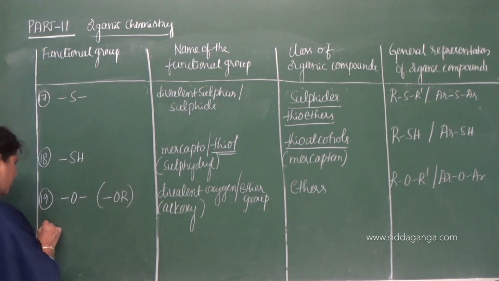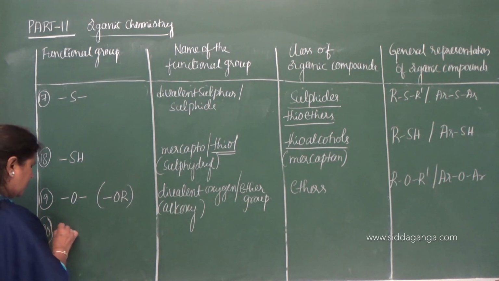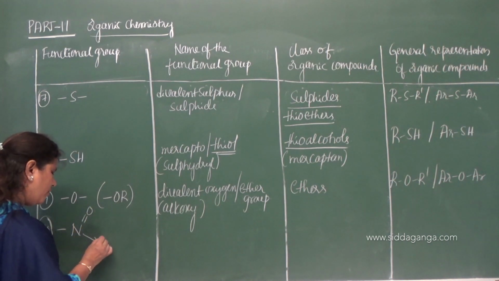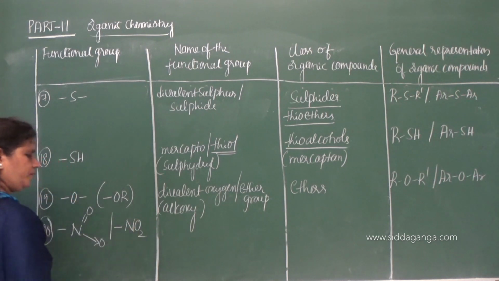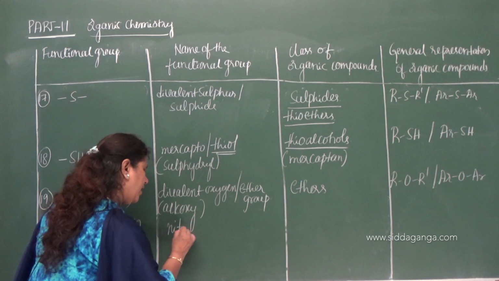Now let us move on to the next class of compounds. After ethers, let me write one more group here: N double bond O, or you can write it as NO2. This group is called the nitro group.